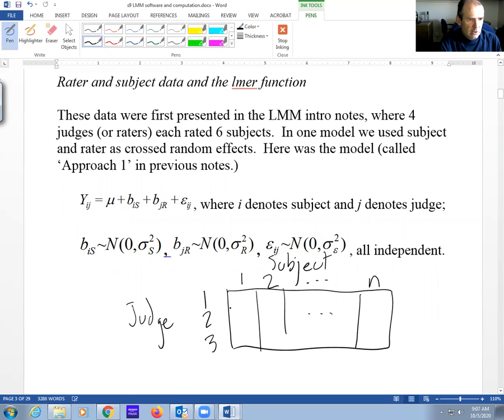So every judge evaluates every subject. Like on Dancing with the Stars or any show like that, you have dancers and then each judge gives a score, right? So that's the same kind of situation here. And we'll talk about this more today, crossed versus nested factors. This would be crossed, where you have all possible combinations.